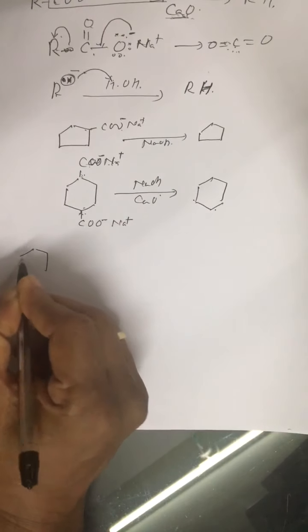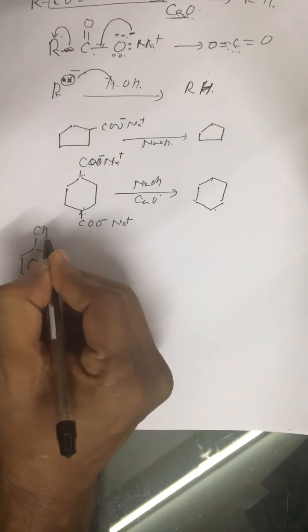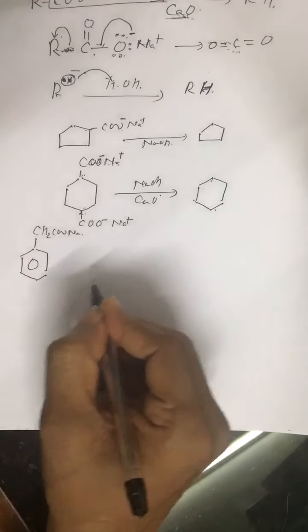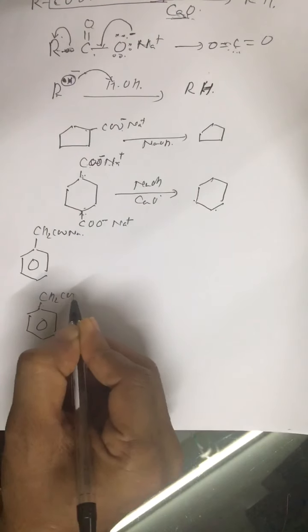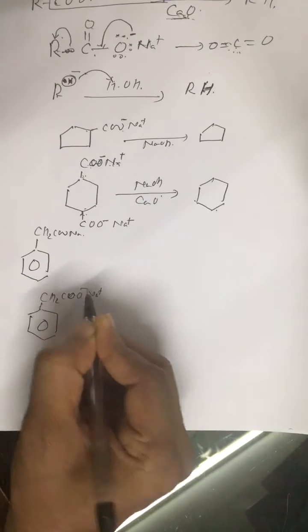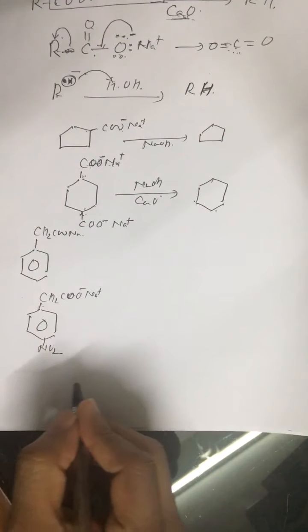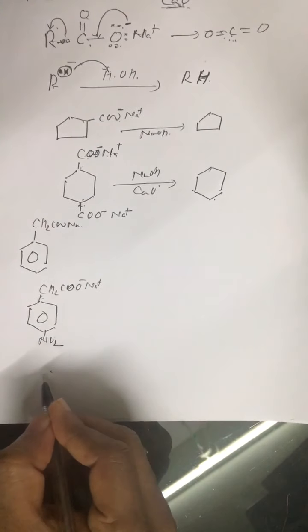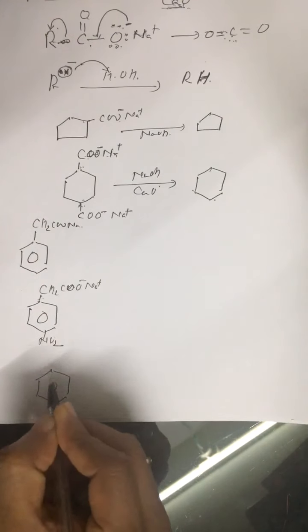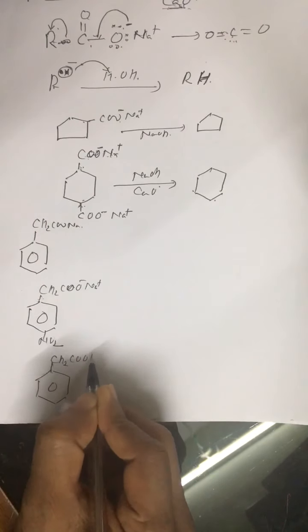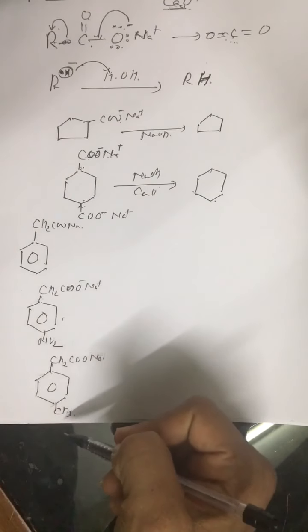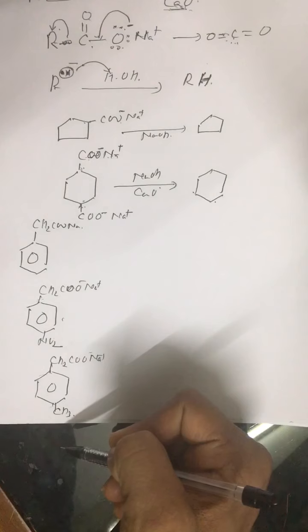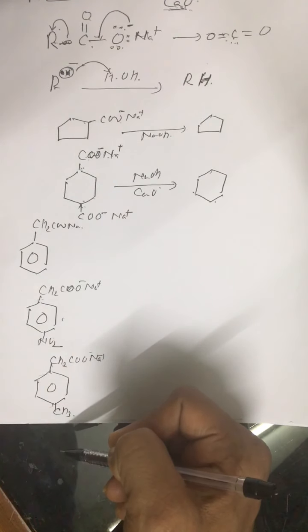If there is a question on decarboxylation, say we are given C6H5CH2COONa with a NO2 group, and C6H5CH2COO with a CH3 group, which one is decarboxylated fast, or what is the order of decarboxylation?